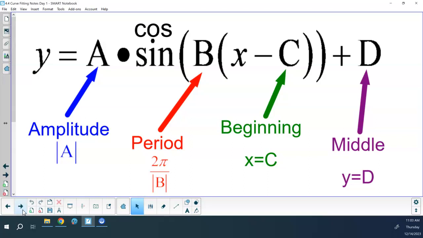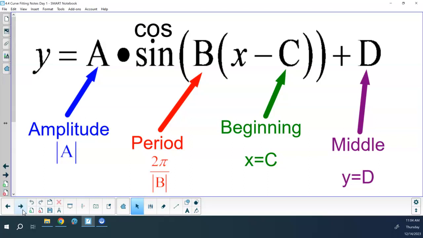What does B affect? Does B affect anything? What does it do to the graph? Stretches it which way? Horizontally. It's the horizontal stretch. So A is the vertical stretch, B is the horizontal stretch.